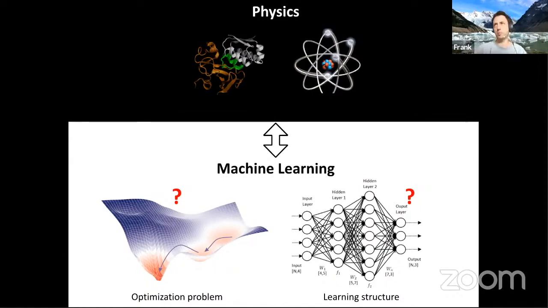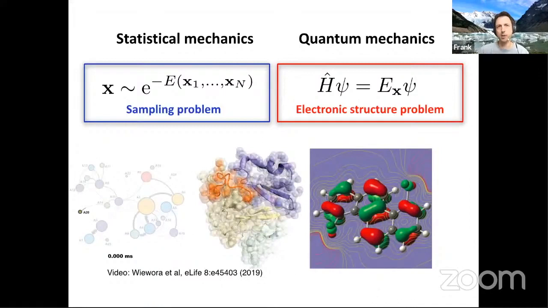What is the optimization problem? That could be, for example, a variational formulation of a physics problem. For the learning structure, we often have to respect certain properties that the physics tells us, such as symmetries and invariances that we want to respect for the solution of the problem, and that are a good idea to build in.